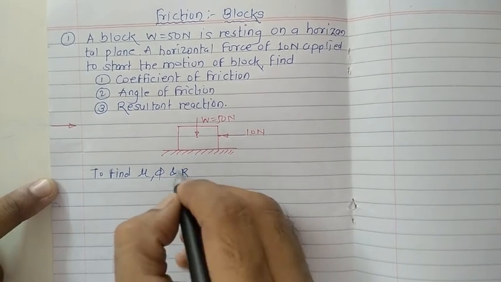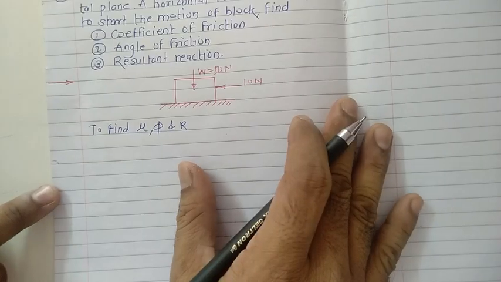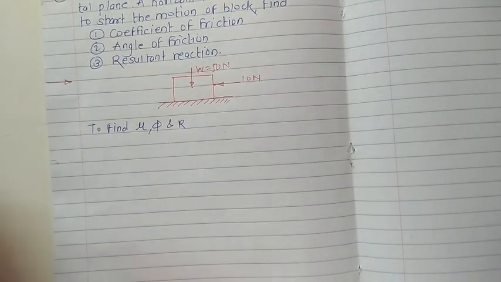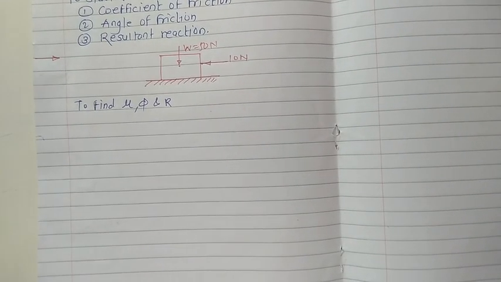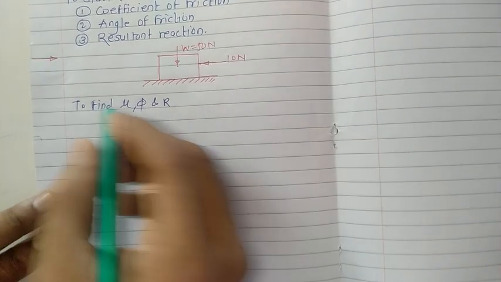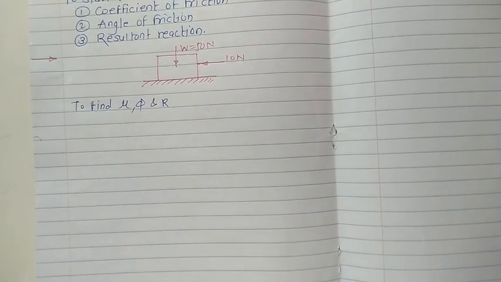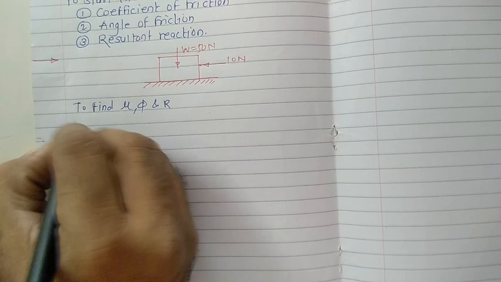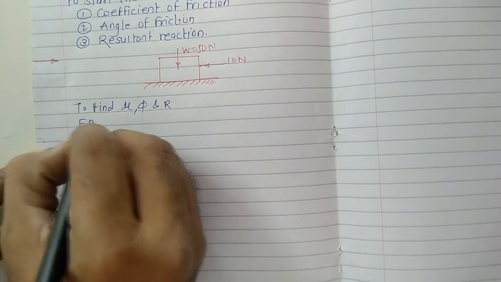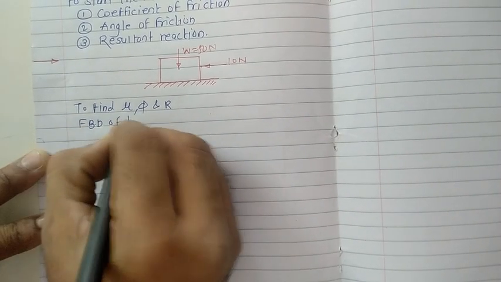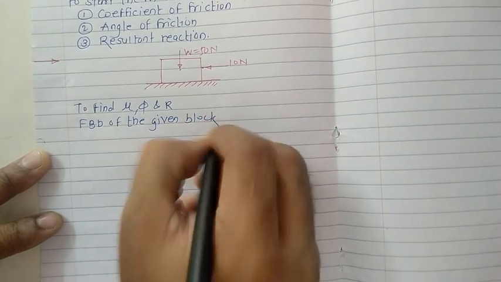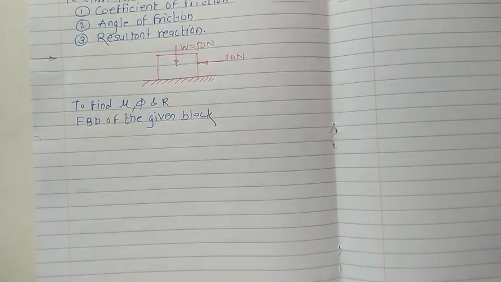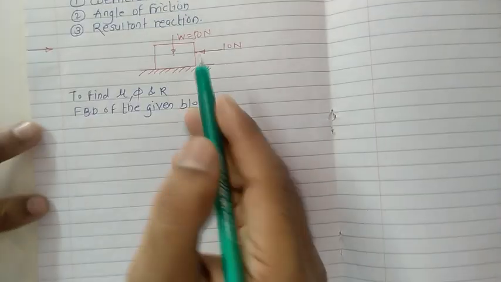So first of all, draw the free body diagram of the given system. You can draw the free body diagram by considering the motion of this block. So for that, just focus on the block.